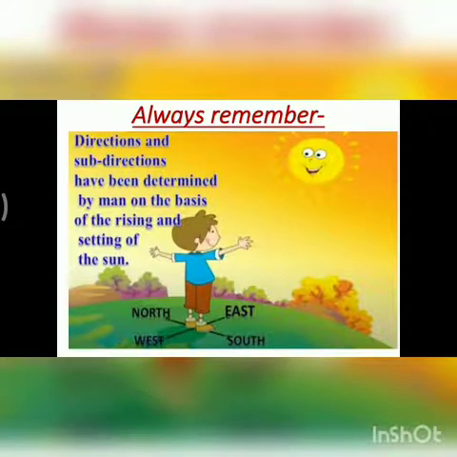Now students, with the help of the pictures given, let us find out the subdirections of the pictures here. Here main directions are given. Now with the help of main directions, we will find out the subdirections of the places and the things given in the picture.